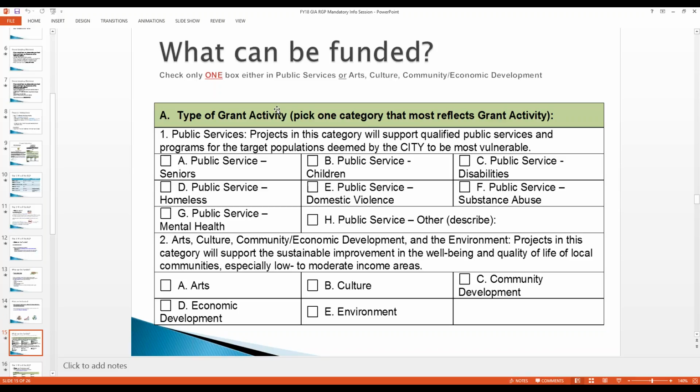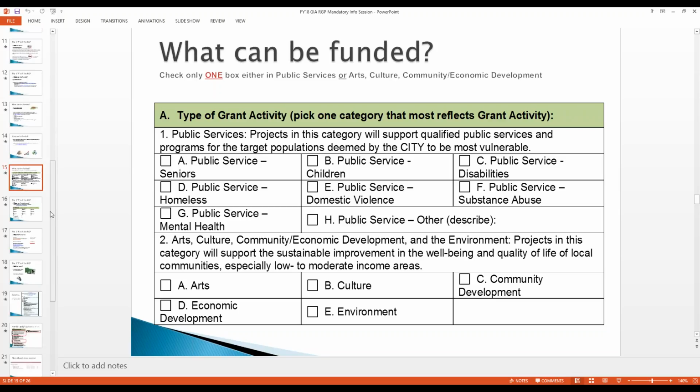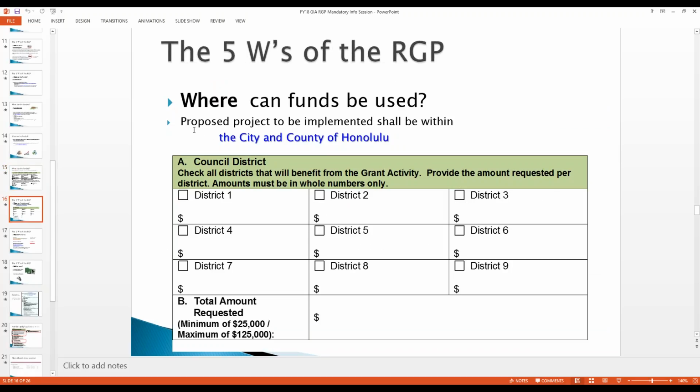Okay, moving on to the next 5W question. Where can funds be used? For that, we'll turn to page 10 of the RGP instruction. And actually, I'm just going to use my slide because there is only one sentence from page 10, and I copied and pasted it here.